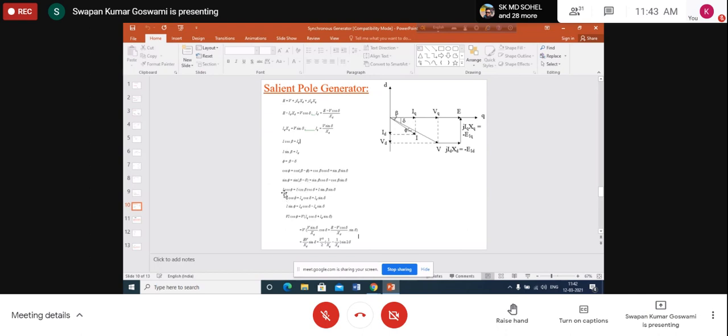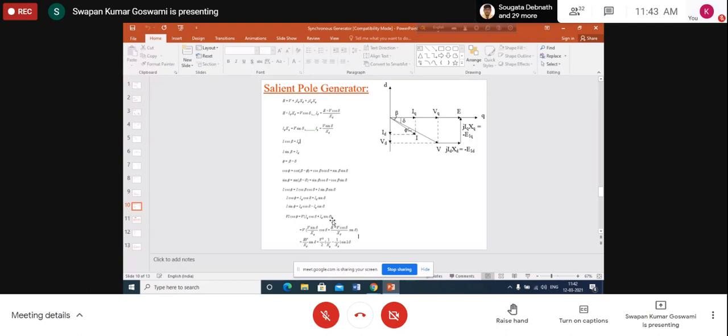And now you find what is I cos phi. In terms of ID IQ, you can write I cosine phi finally becomes IQ cosine delta plus ID sine delta. I sine phi becomes ID cosine delta minus IQ sine delta. And find VI cosine phi. What is the active power? VI cosine phi is the active power. How much is that? V into I cosine phi. I cosine phi is IQ cosine delta plus ID sine delta.